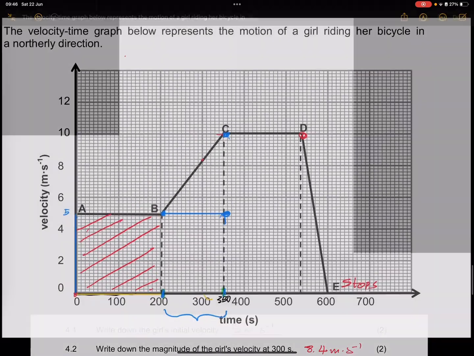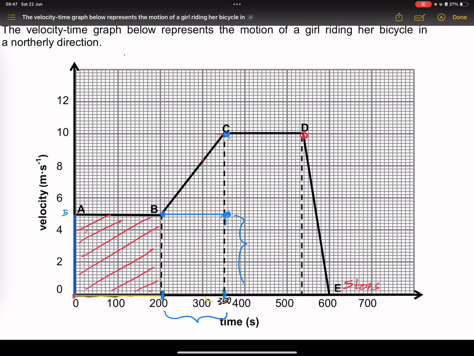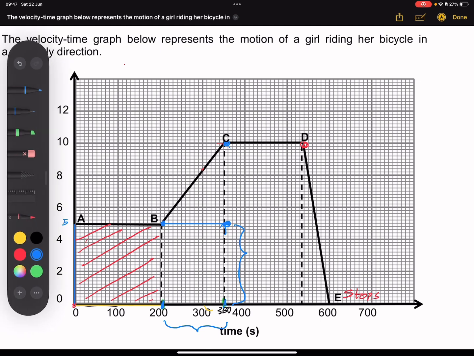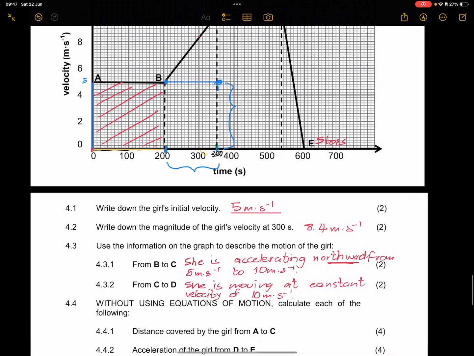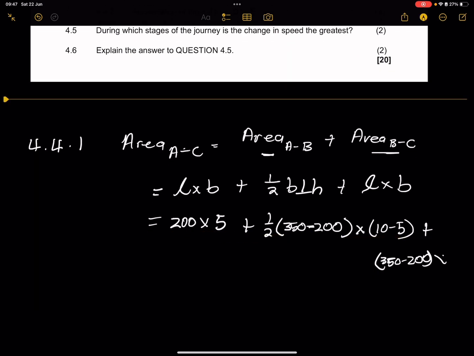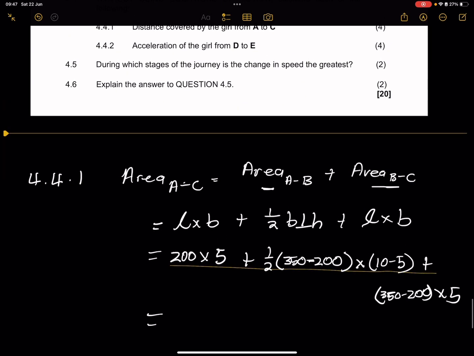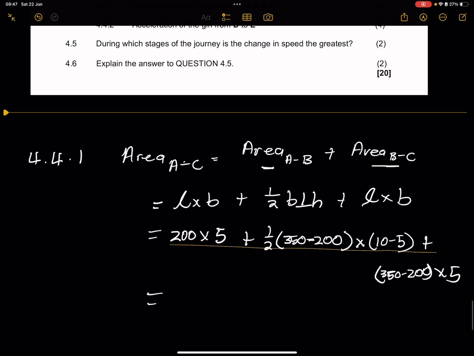The height is this one over there, and we already know that's 5 meters per second. So that is how we get our area underneath the graph.